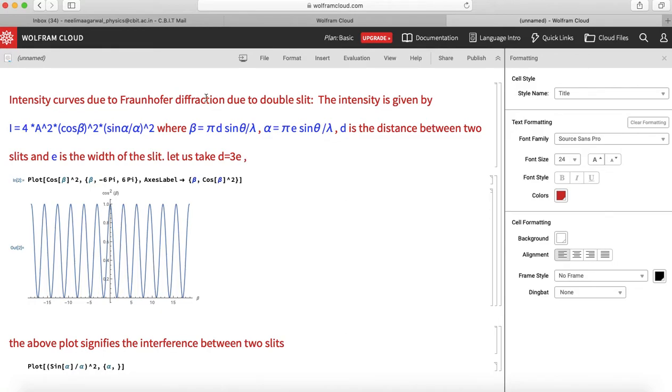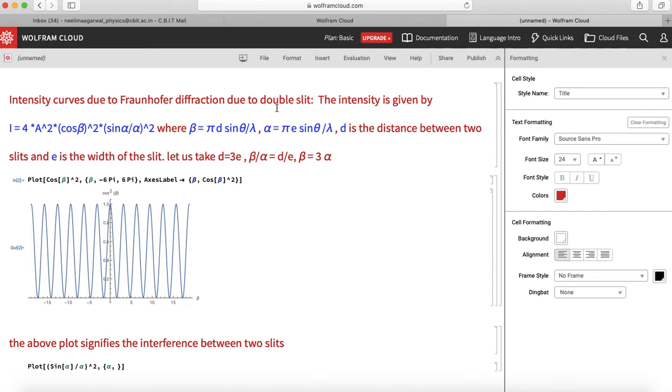Then if I divide these two equations, beta by alpha is equal to d by e, and with d equal to 3e, I get beta equal to 3 alpha. So I need some relation between d and e, then only I can plot on the same axis.